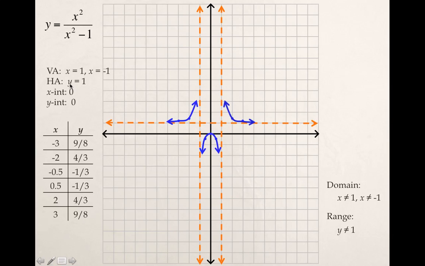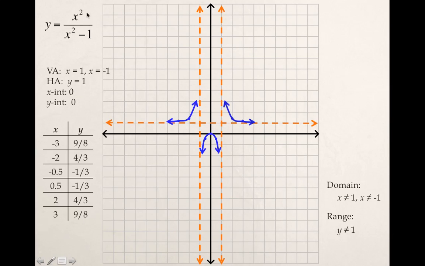Next, we go with our horizontal asymptote. Our horizontal asymptote is going to be based on the leading coefficients in the numerator and the denominator, because our exponents on both the numerator and the denominator are the same. So the 1 here over the 1 here is going to give us a 1 for our horizontal asymptote.